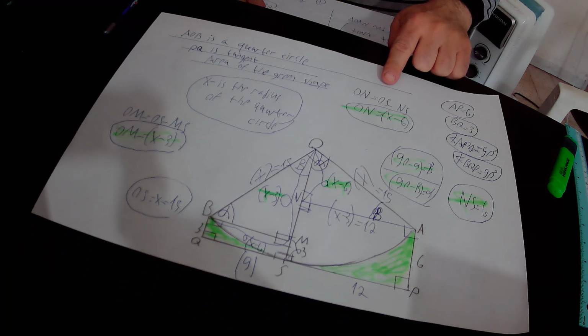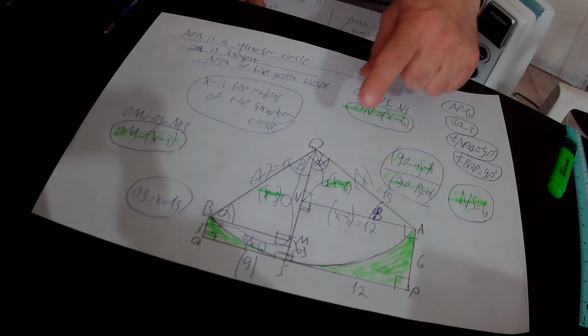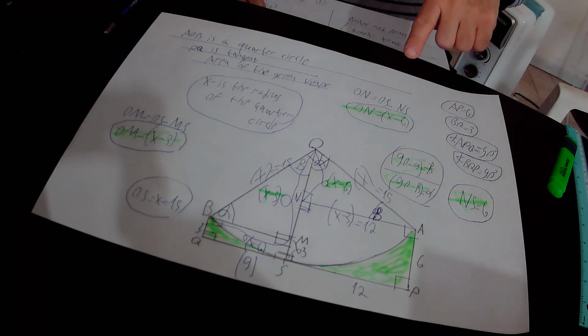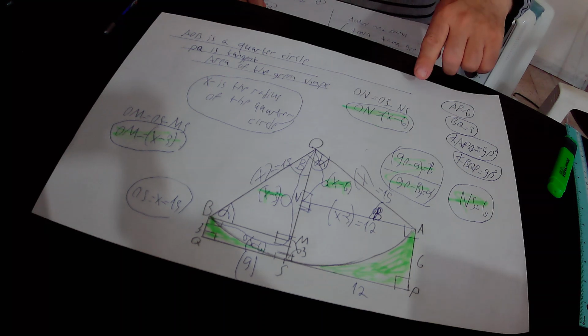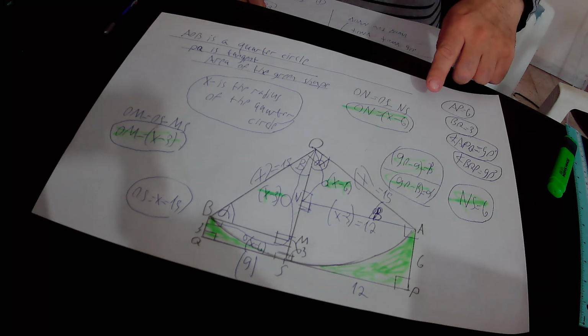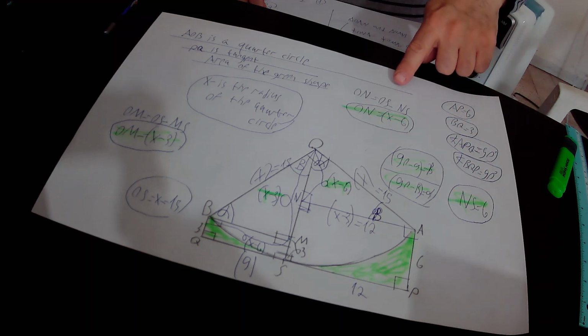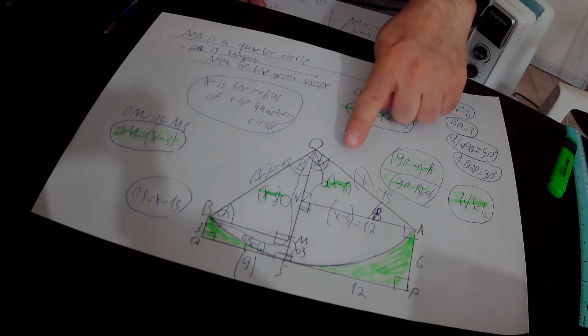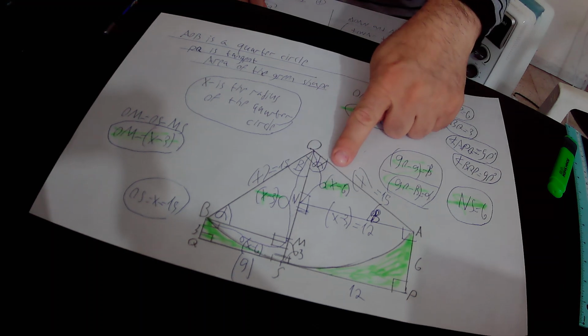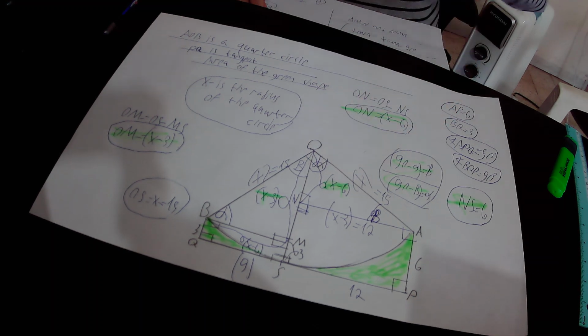So ON equals OS, that is X, the radius of the quarter circle, minus NS. We already found out that NS equals 6. So in total, ON equals X minus 6 units in its length.